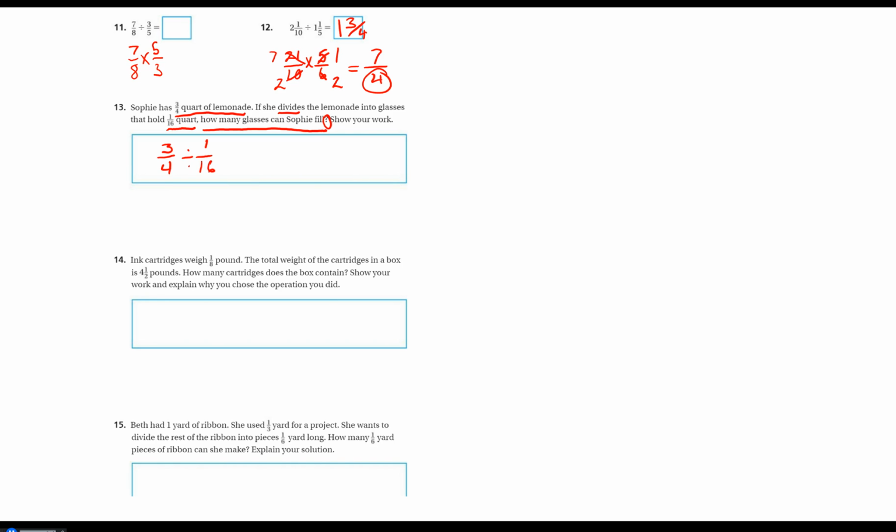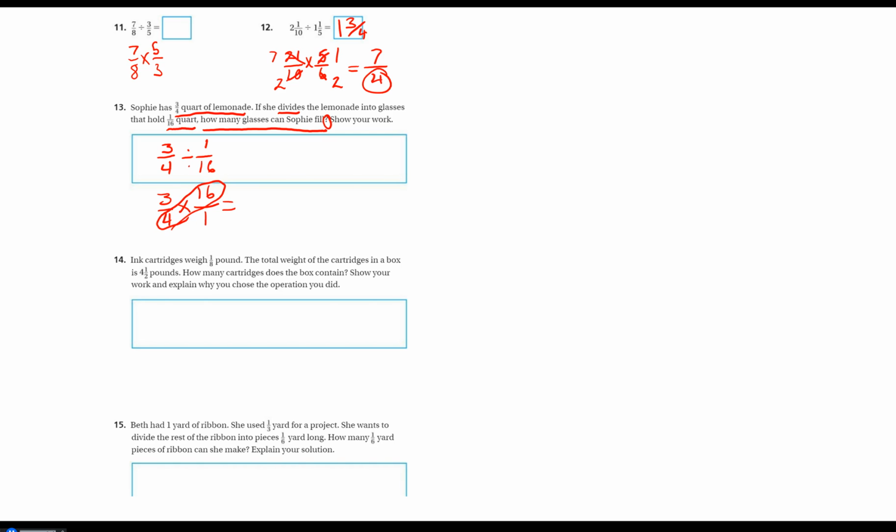So I'm going to let you finish that one. You're going to do just like you did on number 11. Copy the first number, change the division to multiplication, and flip the last one. Don't forget to do any cross simplifying as well.